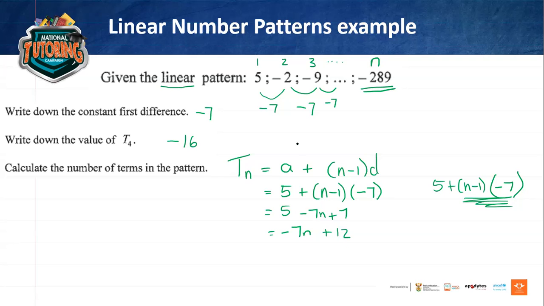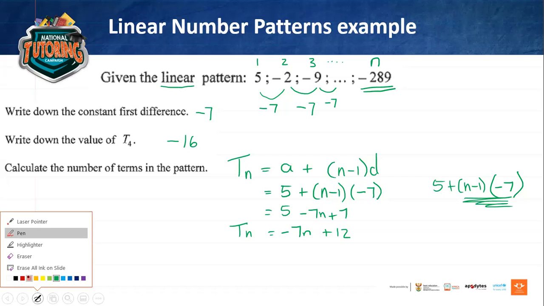So that tells me any term in this pattern can be worked out by using this formula. So if I wanted T1, I could say -7 times 1 plus 12, which does give me 5. Or I could work out T2 or T3. What I'd suggest you do is test it. Generally don't pick the first number in the pattern, but maybe T3. So let's do a test, in a different color.